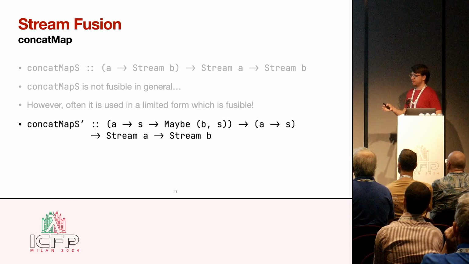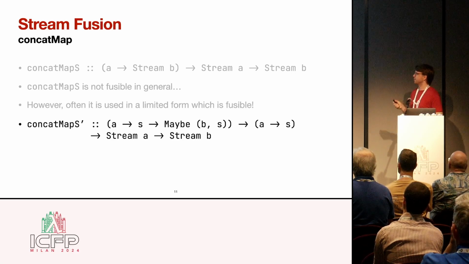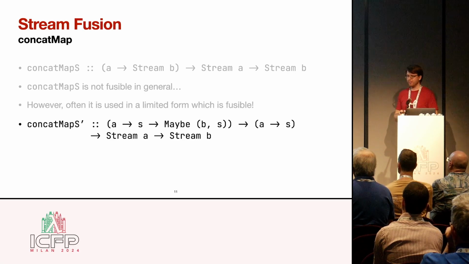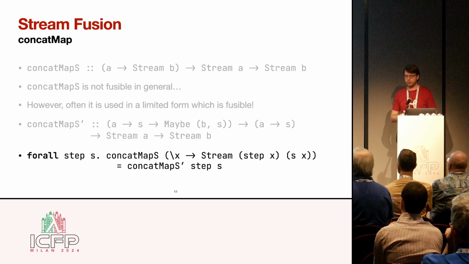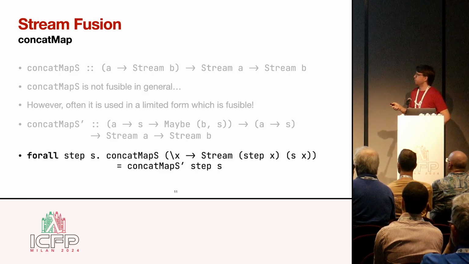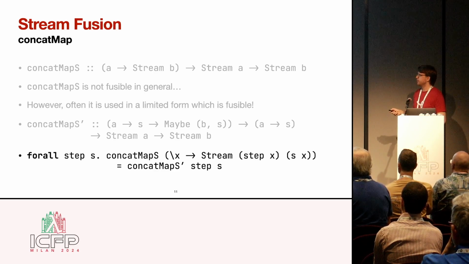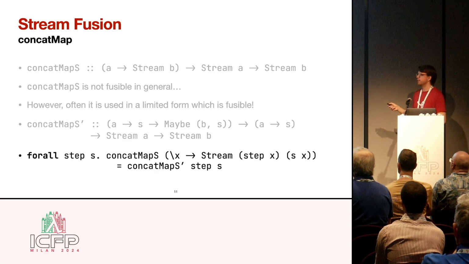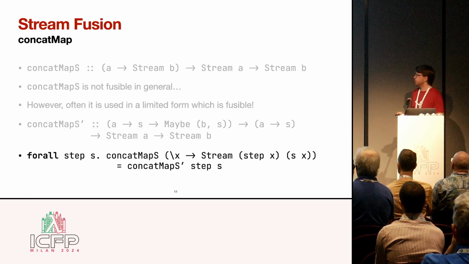But for now, just assume this is possible to optimize. So if we want to optimize concatMap to this optimized form, then we can use a rewrite rule. But the rewrite rule that we're using here now has to, again, deal with these local variables which might occur inside the stepper function or inside the initial state of the inner stream.